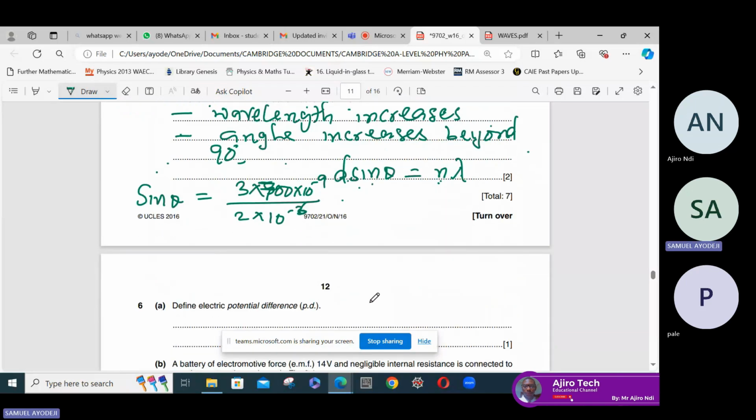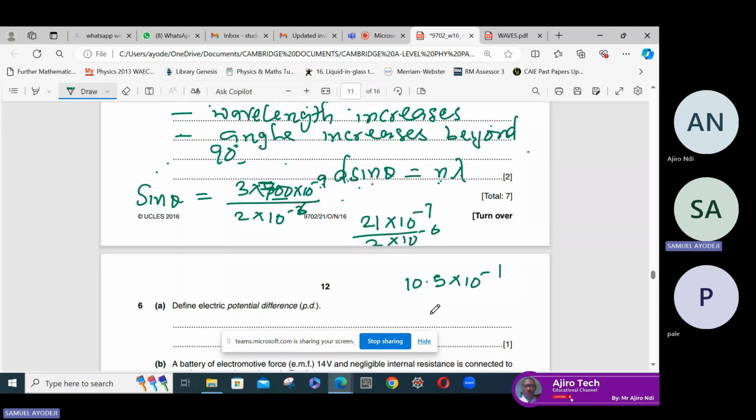So this will give you 21 times 10 to the power minus 7 over 2 times 10 to the power minus 6. That should give me 10.5 times 10 to the power minus 1.